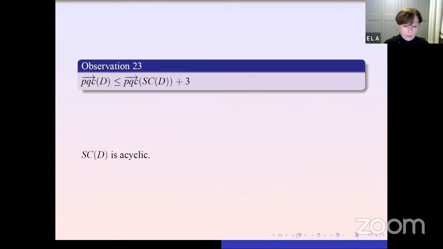And what we can observe is that we can bound the proper quasi-connection number of a digraph which is not strong by the proper quasi-connection number of its digraph of strong components, and also we must add 3.